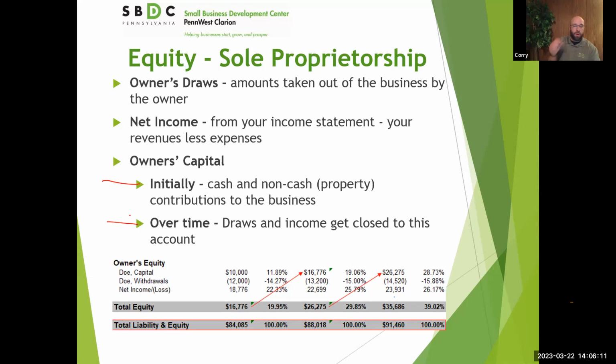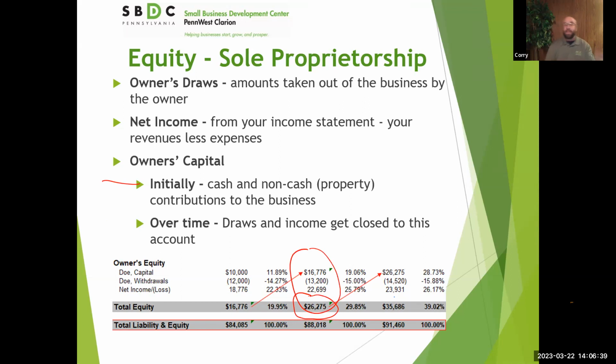Your total equity account for one year is added and subtracted together, and then it flows up to the top of this equity account in the second year. From there, you subtract away your draws and add the net income, which gives you a new equity amount at the end of that second year, which flows up to the third year.